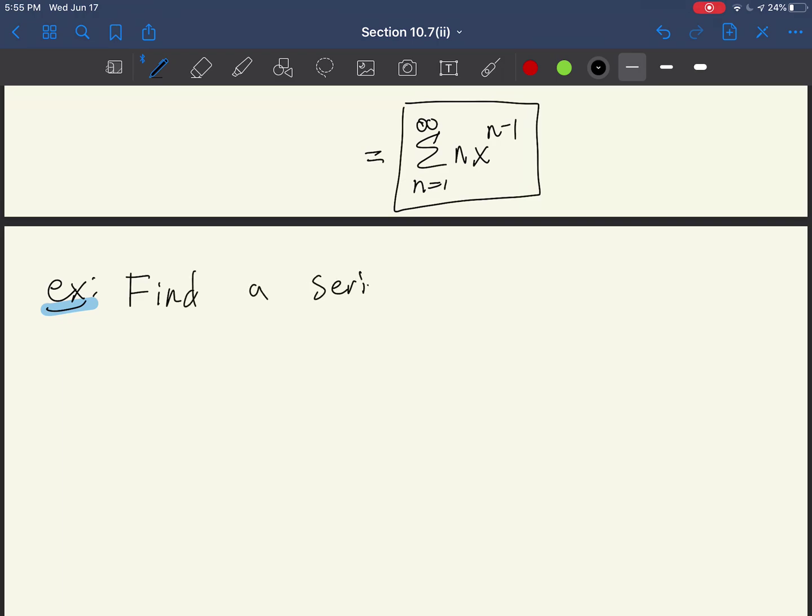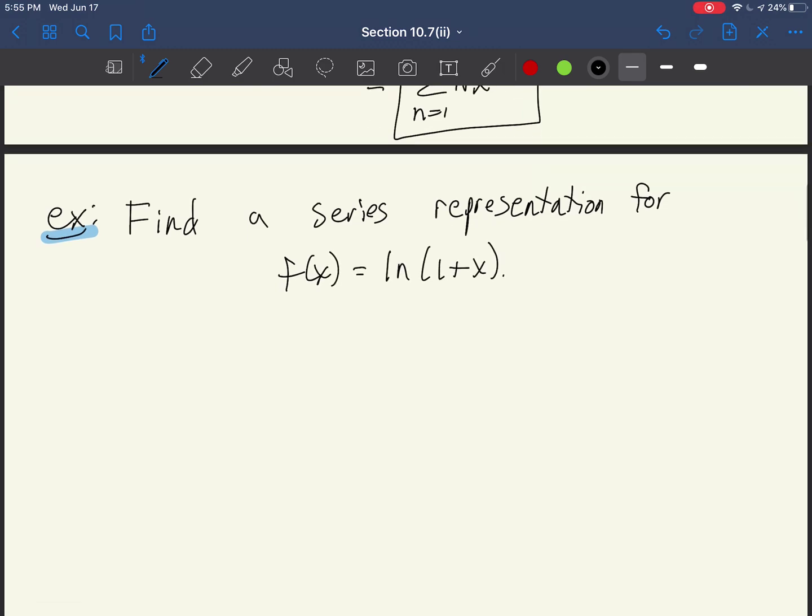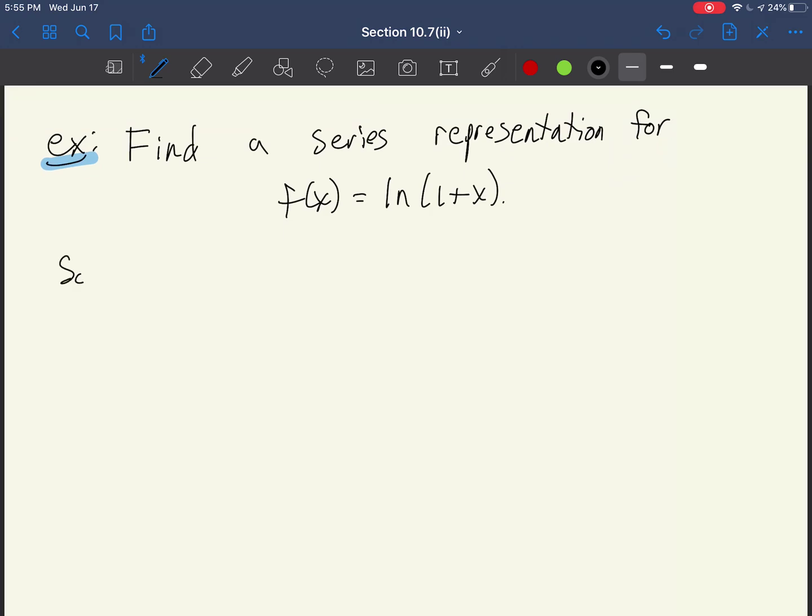Okay, next example. Find a series representation for f of x equals the natural log of 1 plus x. Now this one's a little bit harder because I didn't tell you how you're going to get your hands on this natural log.